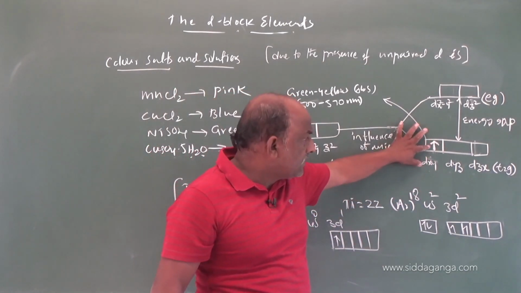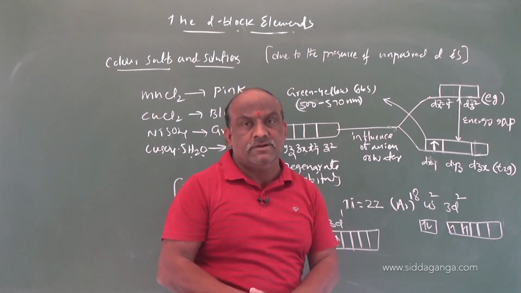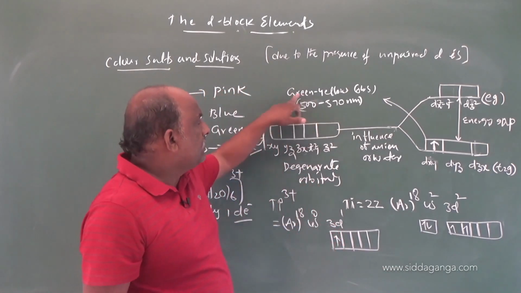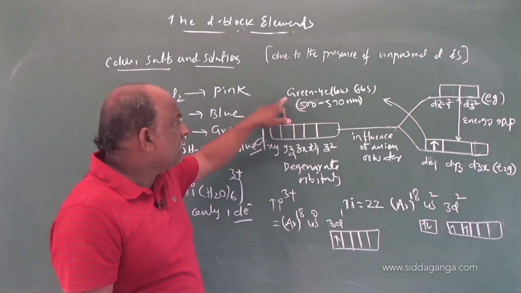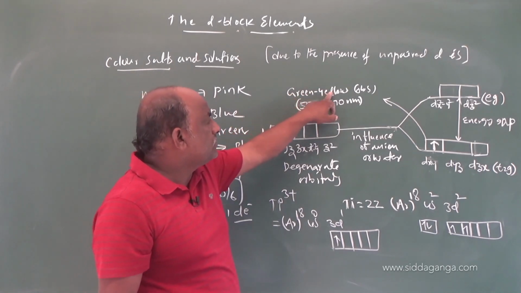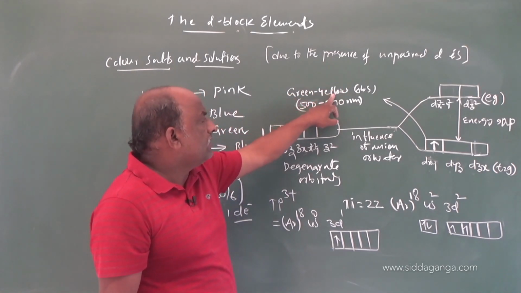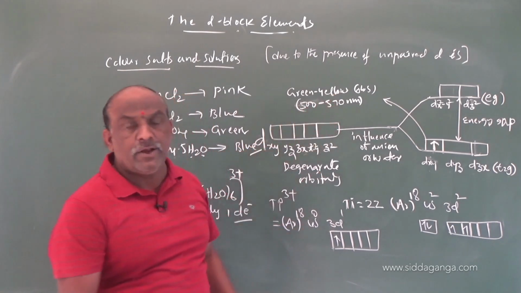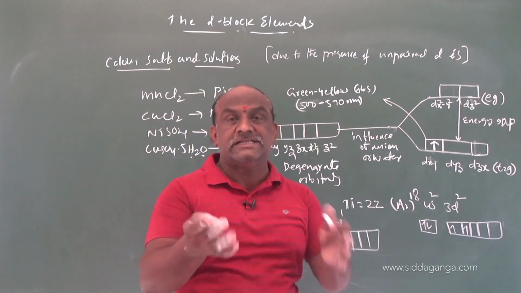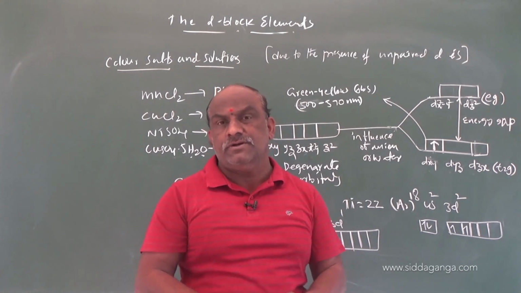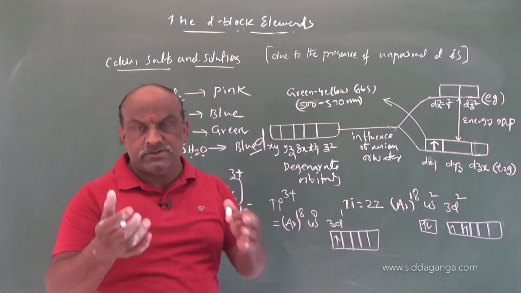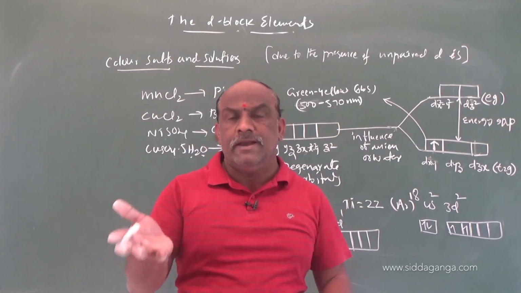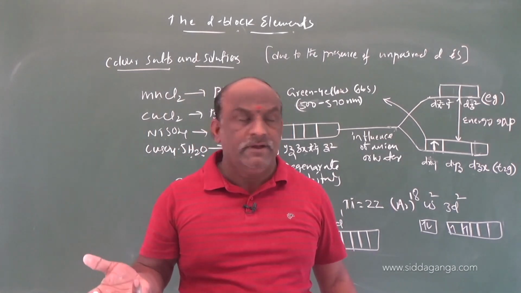This particular electron absorbs some radiations. Which color does it absorb? In VIBGYOR, we already know that greenish yellow color is absorbed, and its wavelength is nearly 500 to 570 nanometers. After absorption, the remaining radiation is transmitted.